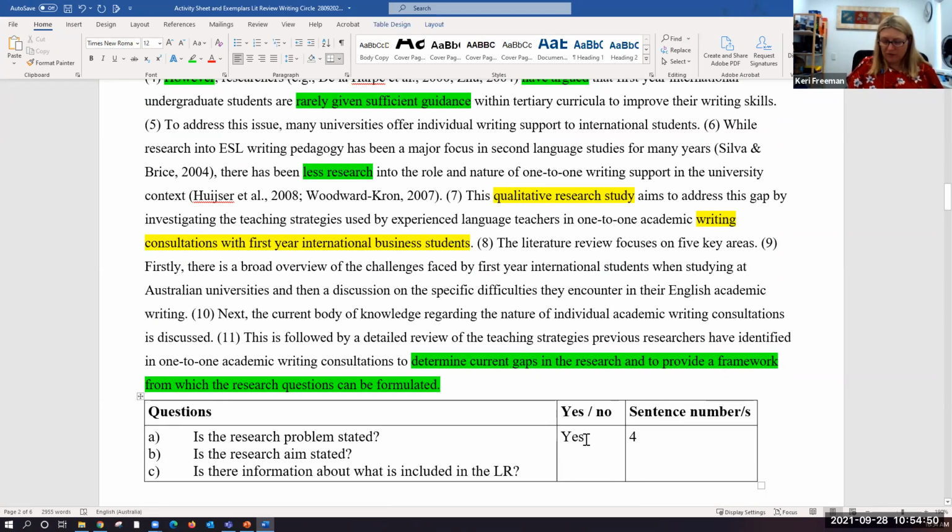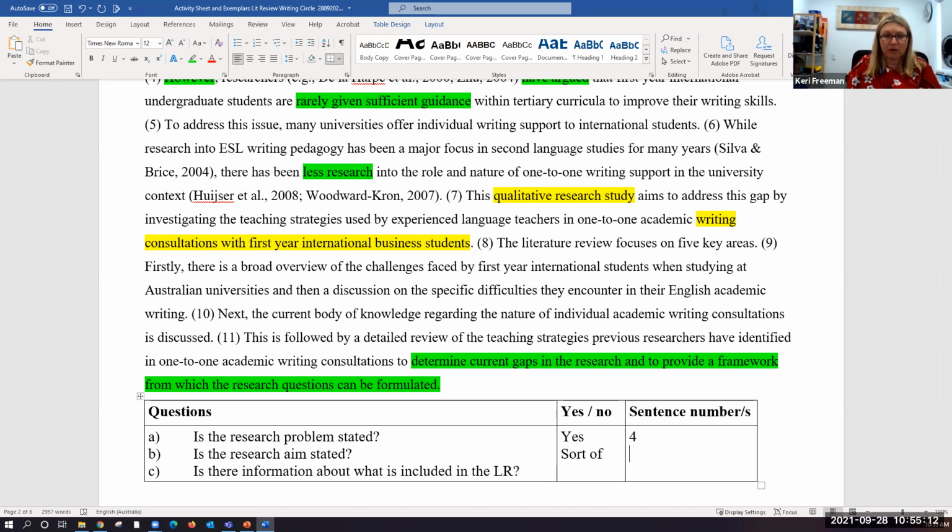So look, I would say here is the research aim. I'm going to say sort of, actually, because it's not just the gap, is it, that's being investigated. It's also to find out more insight. Yeah, the research aim and the research problem. So the research aim is to find something out.